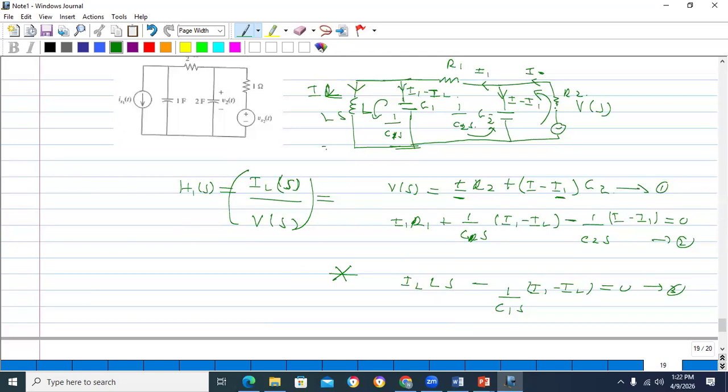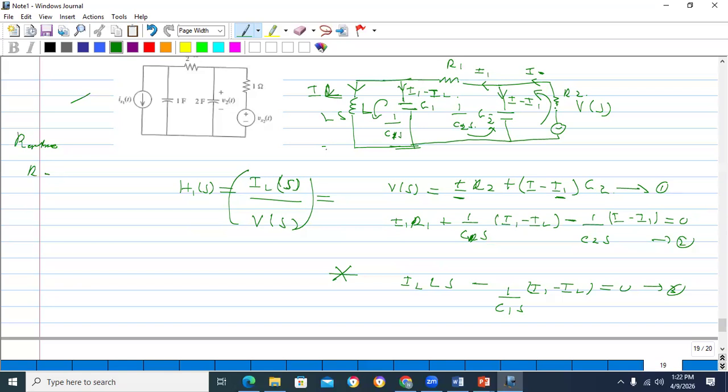That is very easy. It is just like a resistive circuit. The only difference is if there is an inductor, the impedance will be LS. If it is a capacitor, that is 1 over C1S.